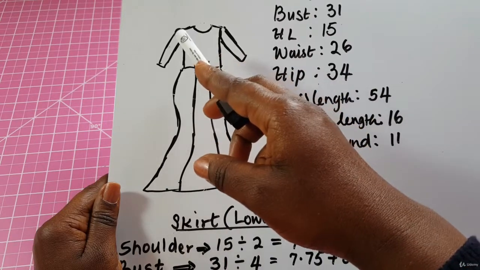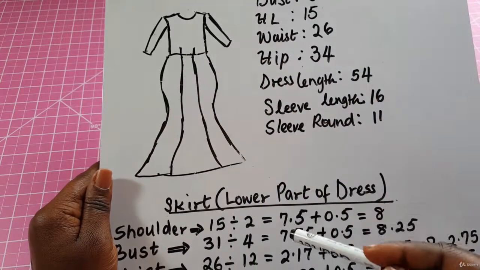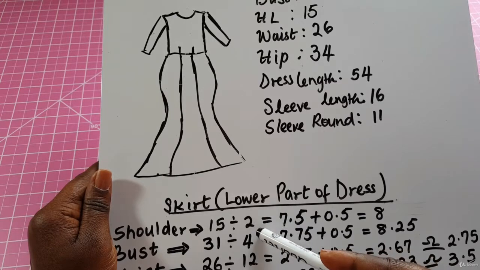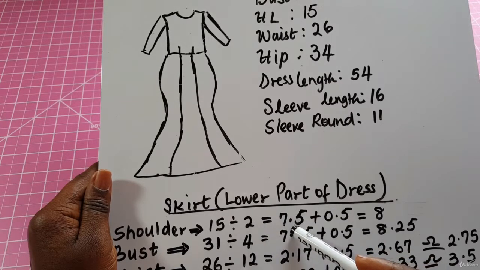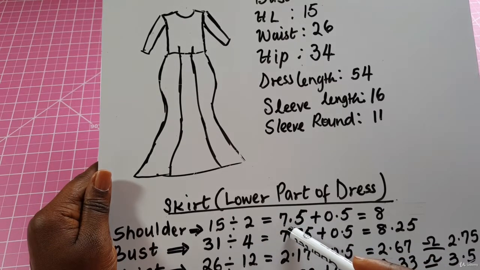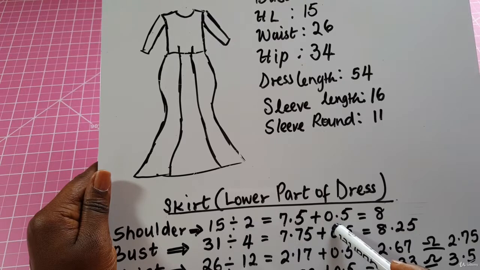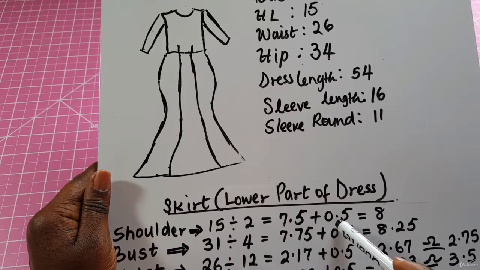So when you fold, you're just going to be dividing by 2, which is what we have here, and we got 7.5. And whenever you're cutting, you must always remember to add a seam allowance, which is 0.5 in this case. You can decide to use 1 inch depending on what you're comfortable with, but I am going to be using 0.5.